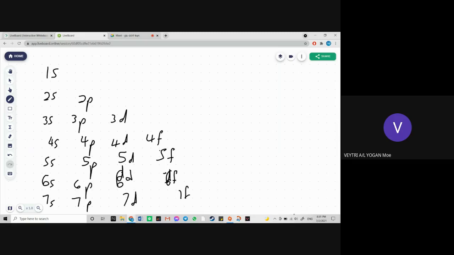So you have to follow this form. Let me do it in red: 1s, and then you go 2s, 2p, 3s, 3p, and so on. Now let's have a look at how we actually use it.